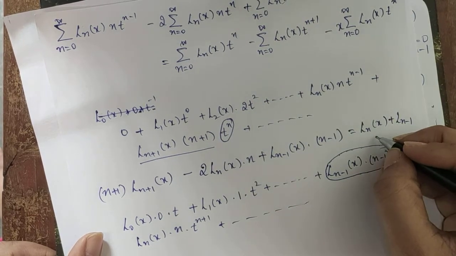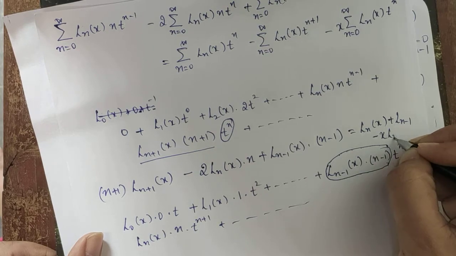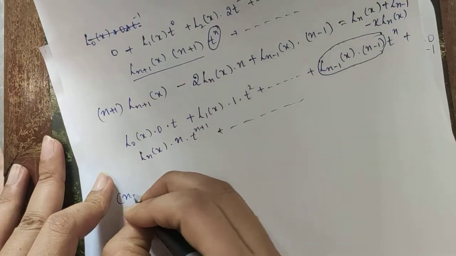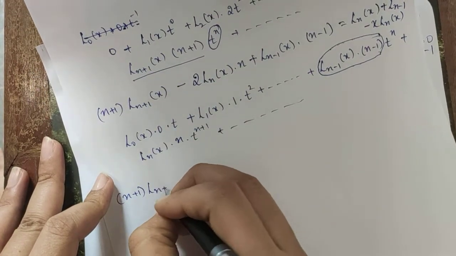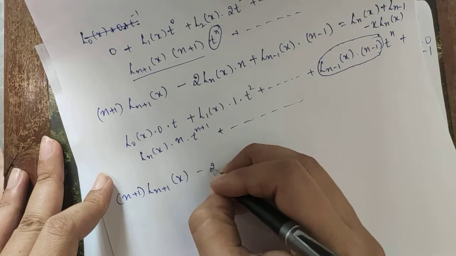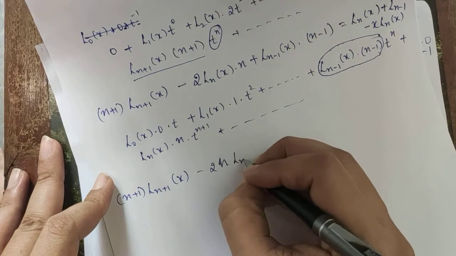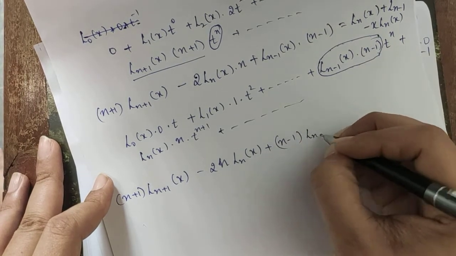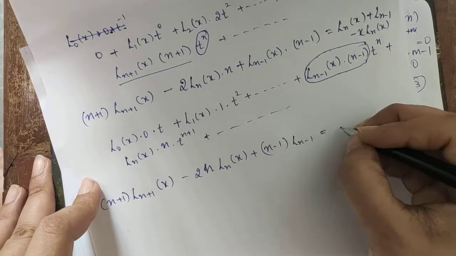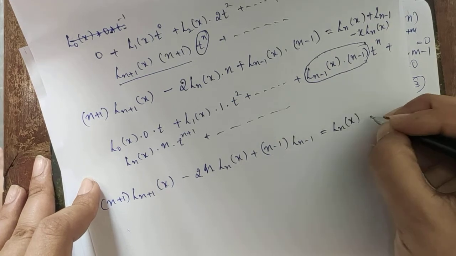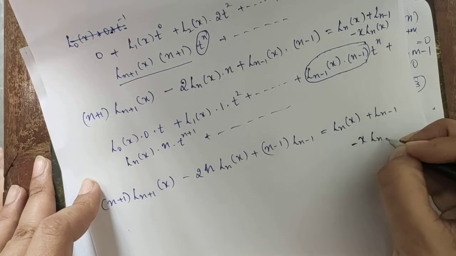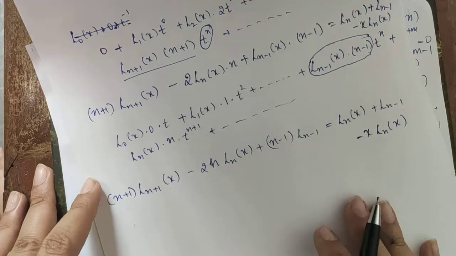Here you will get minus x into Ln of x, the coefficient of t power n. So I will rewrite this here: n plus 1 into Ln plus 1 of x minus 2n into Ln of x plus n minus 1 into Ln minus 1 is equal to Ln of x plus Ln minus 1 minus x into Ln of x, right?